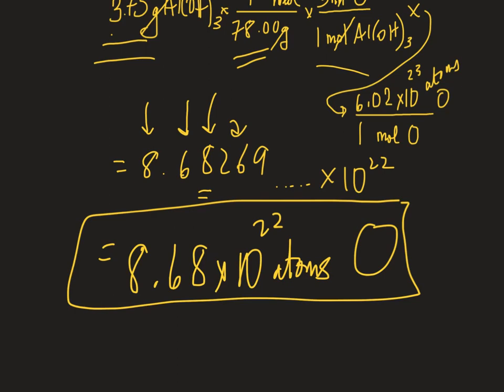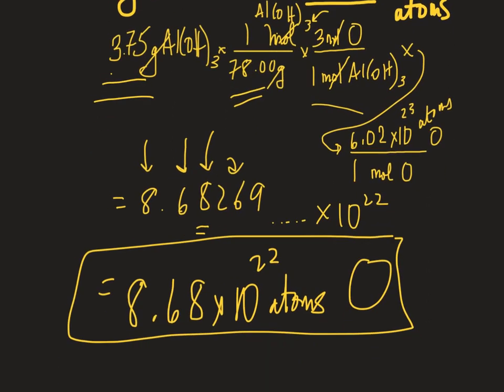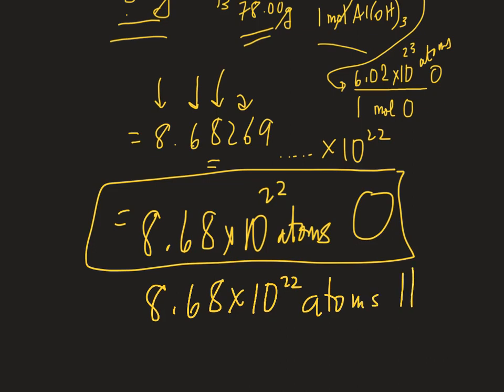If I look at this number and then go back and look at the formula for aluminum hydroxide, because the number of hydrogens is the same as the number of oxygens, this would also be the number of hydrogens in my sample. So I could also extend this and do all of them and say 8.68 times 10 to the 22nd is also the atoms of hydrogen in my sample, because in aluminum hydroxide there are 3 O's and 3 H's.